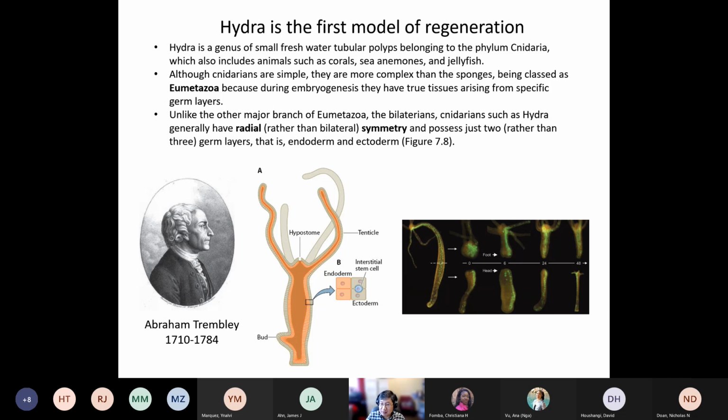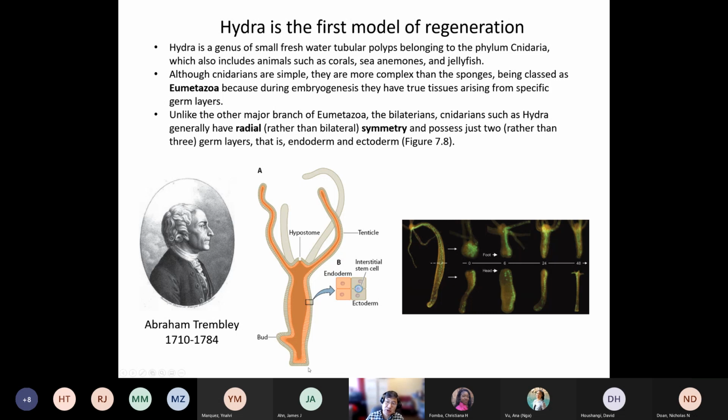Therefore, you can imagine that there is a constant cell replacement. The old somatic cells will get removed from the end, either from the tip, from the head region, or they get lost from the foot region.